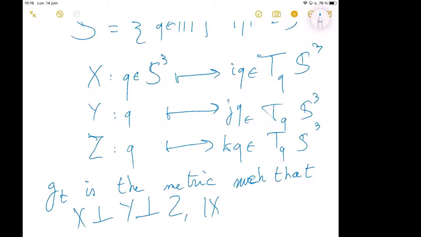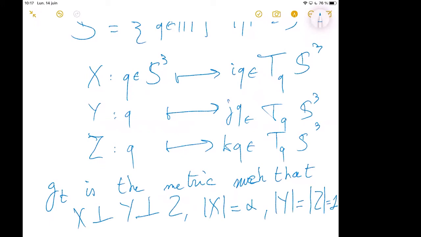X has norm alpha, and Y and Z have norm 1.